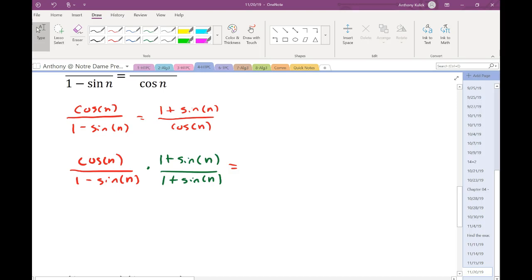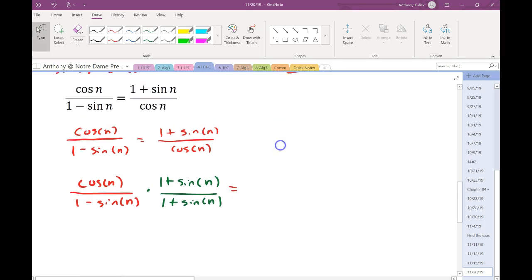Now, should I distribute the numerator through? Maya, you shook your head no. Why not? Yeah, if I look at the final form, I need to have a 1 plus sine in it. Why would I get rid of my 1 plus sine by distributing the cosine through?